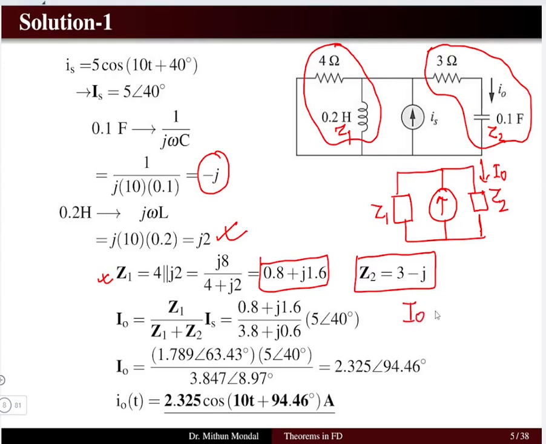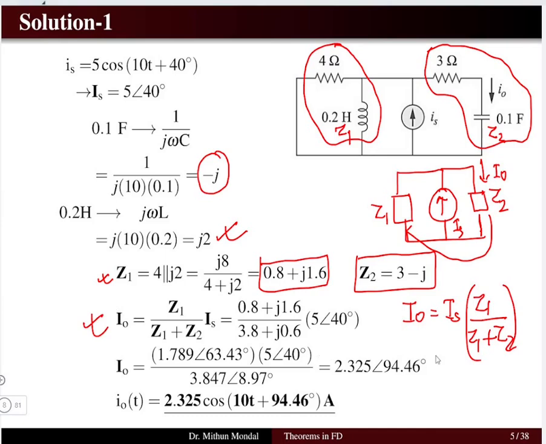The current through a particular element is the source current Is, in phasor format, times the other impedance, Z1, in the numerator, and in the denominator we have Z1 plus Z2. In this way we can calculate the current flowing through Z2 by one simple formula using the current division rule.